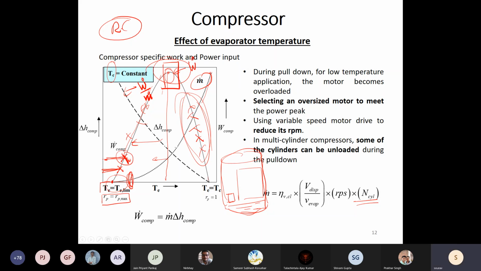So the entire characteristic needs to be drawn. When we perform calculation in a classroom environment, we ask you for one operating condition. But when you go and design systems for a practical application, you need to see the bigger picture.